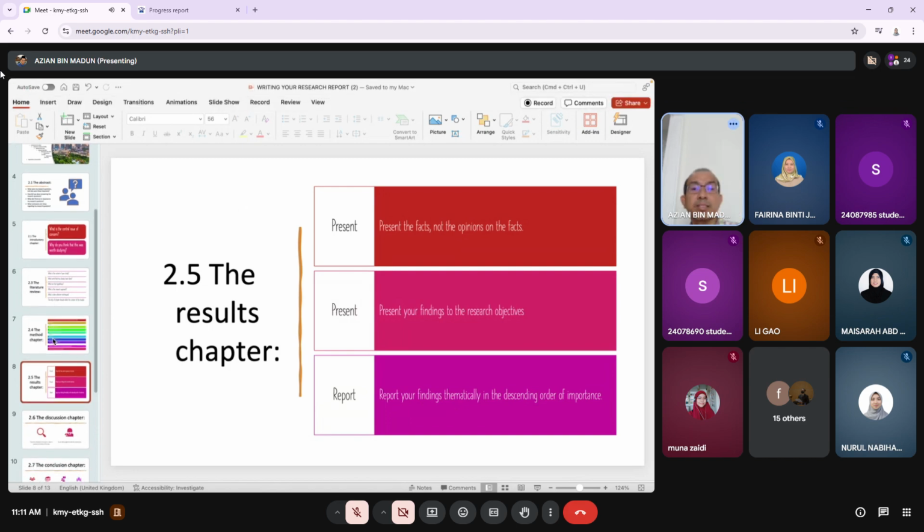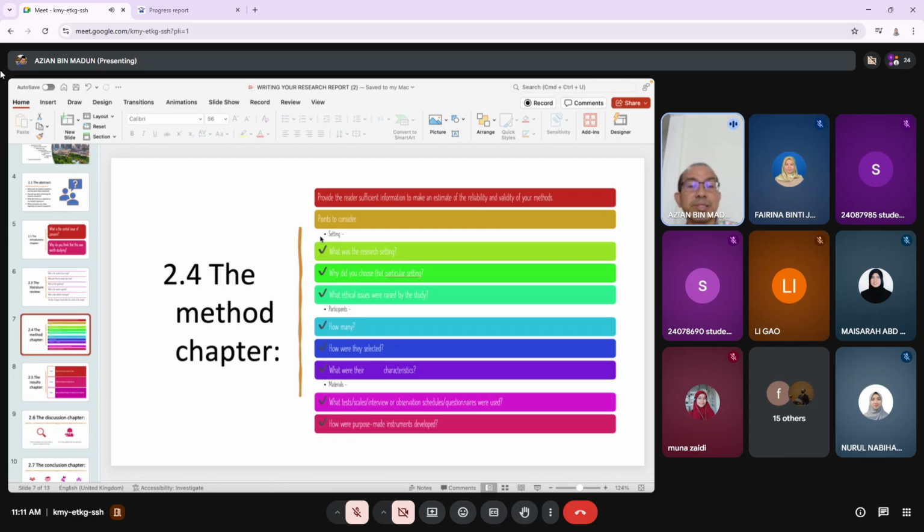Result chapter. Okay, so in the method chapter, you tell the examiner what the setting is, meaning what kind of data they are using, and how you're going to approach the issue.